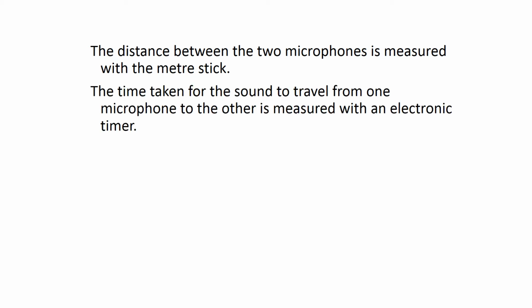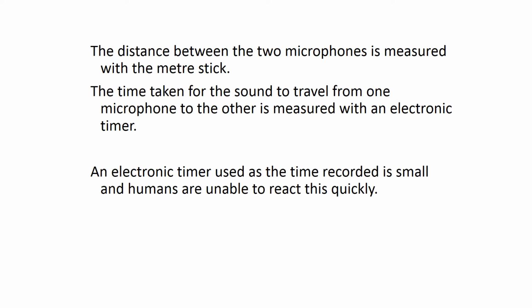You need to say the time is for the sound to travel from one microphone to the other, measured with your electronic timer. You might be asked about why it's an electronic timer, because of the human reaction time. We can't react that quickly. Or you might be given an experiment where it's using a stop clock and a person, and say how you could improve this.